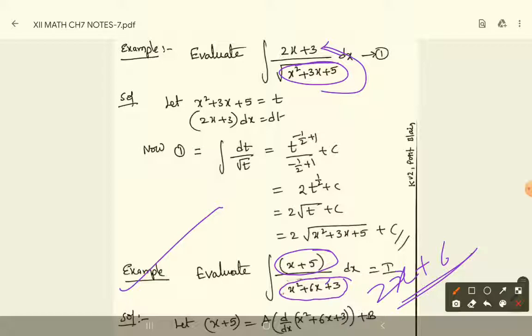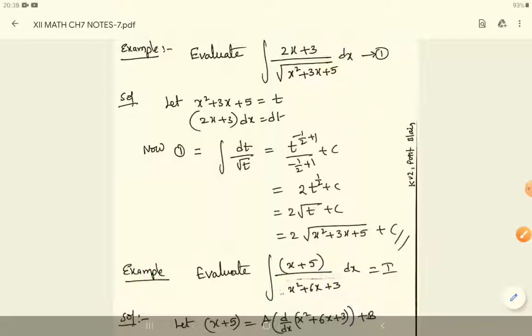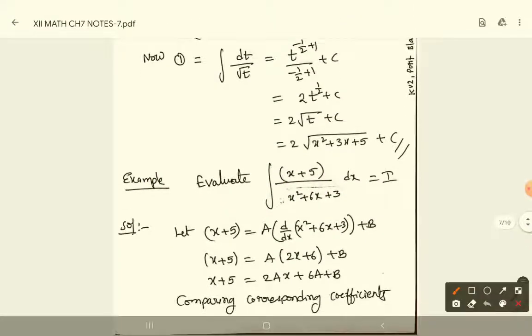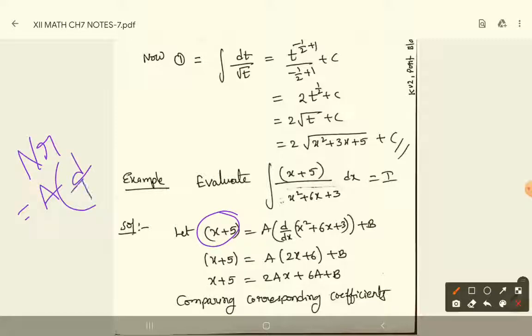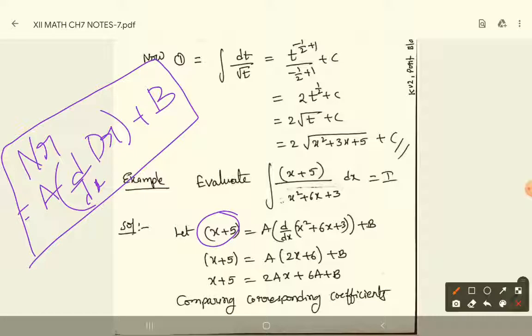So this is an important model, and everyone should know how to do this kind of question. You should write the numerator as: numerator is equal to a into derivative of denominator plus b. This is the model. When the derivative of the denominator is not present in the numerator, you should express the numerator as a into derivative of the denominator plus b.